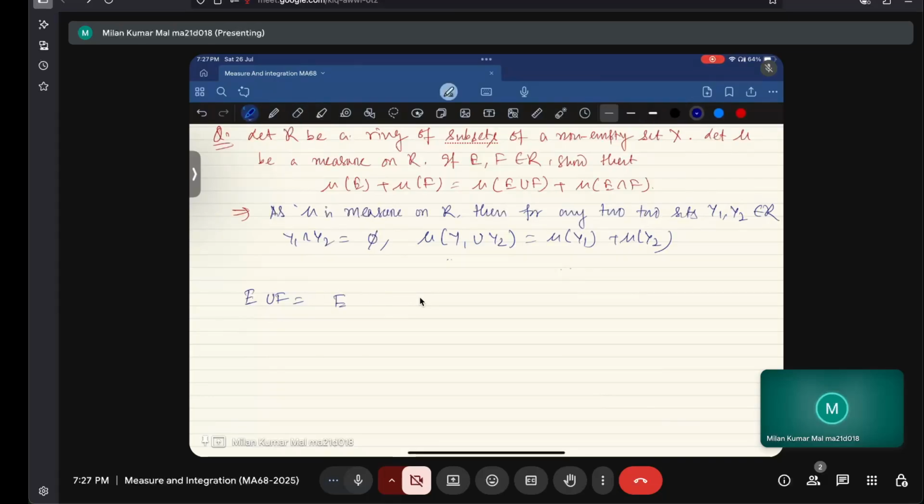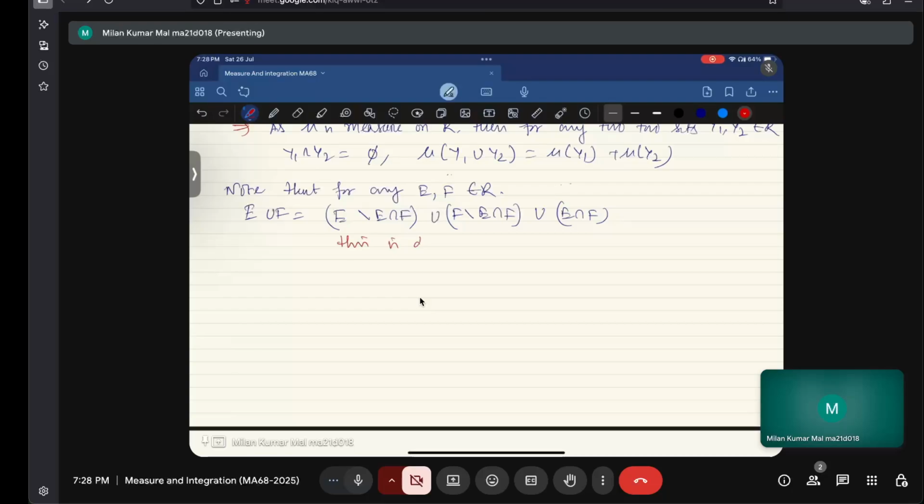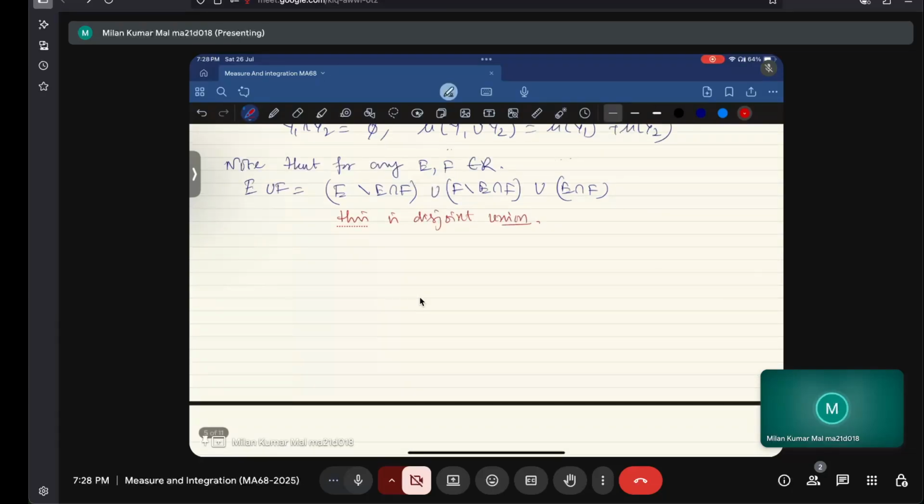It can be written as E minus E intersection F, union F minus E intersection F, union E intersection F. Note that for any E and F belonging to R, this is a disjoint union.